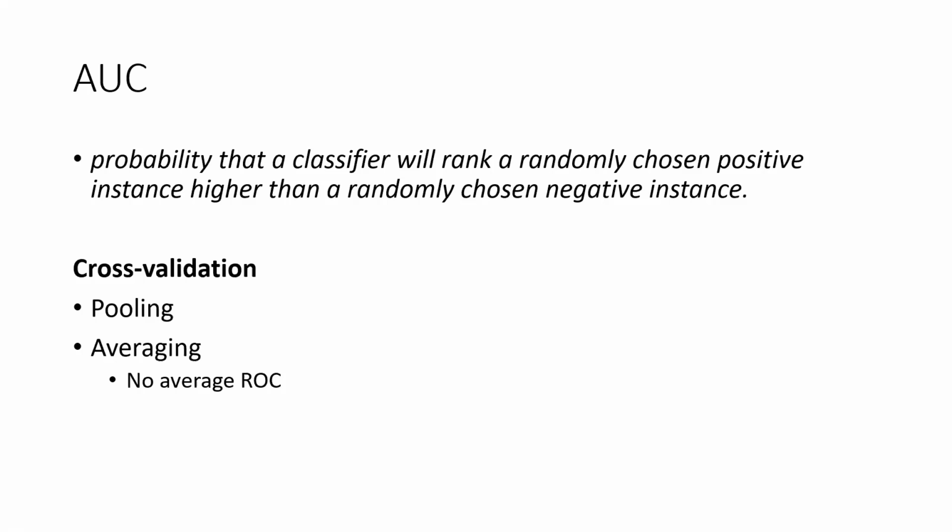Averaging in AUC does not make sense because for every fold you will get one ROC curve. If you're doing 10-fold cross validation, you will get 10 ROC curves, so you cannot actually make an average ROC curve. At best, what you can do is report these 10 AUC values.